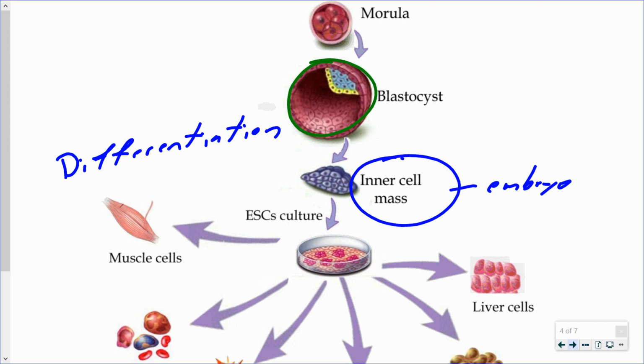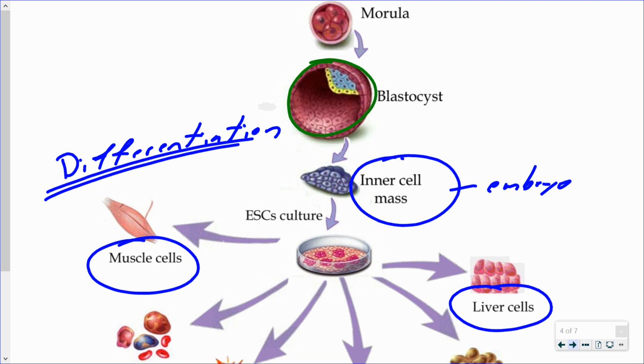Differentiation is the process whereby cells acquire their distinctive structures and functions. In other words, they become specialized. And already at the stage of the blastocyst, some of these cells have started to go down a certain route. Their fate is partially determined. So some of them will give rise to muscle cells. Some of them will give rise to liver cells, and eventually all of the other cells in the body.